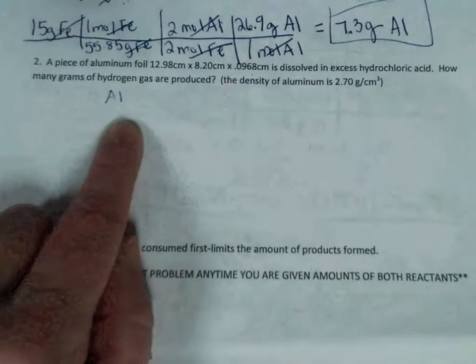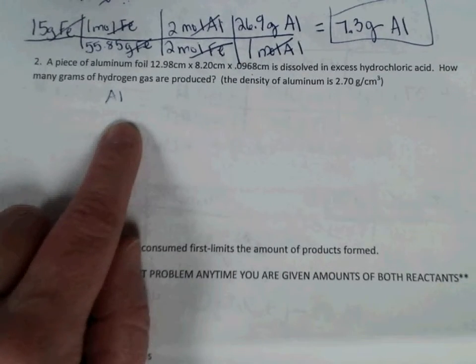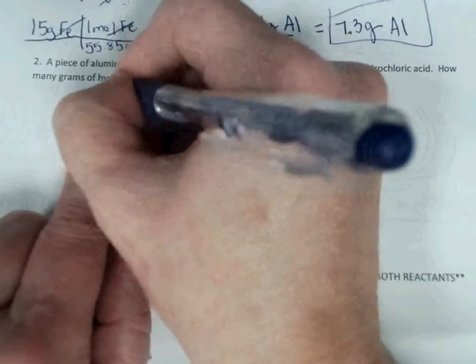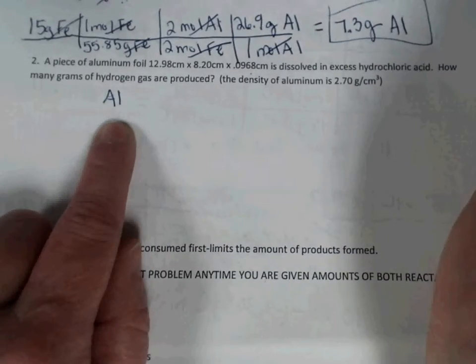All right, we got aluminum. And it's telling me I've got some dimensions here. If I calculate that, that's going to give me the volume in centimeters cubed, right? So y'all, let's do that. I think I did it. I think I got like 10.3.